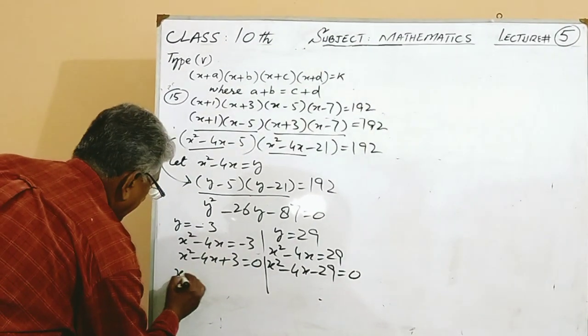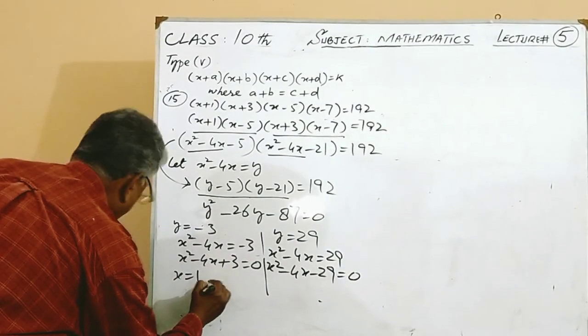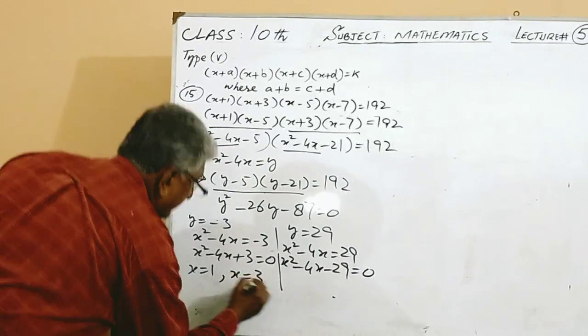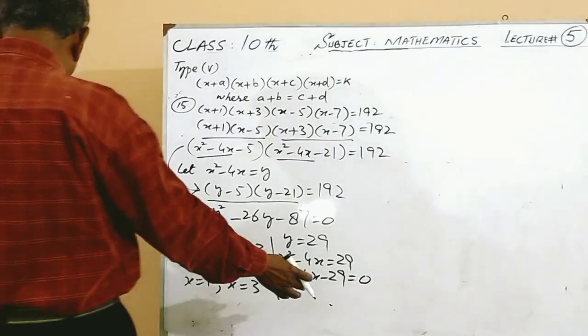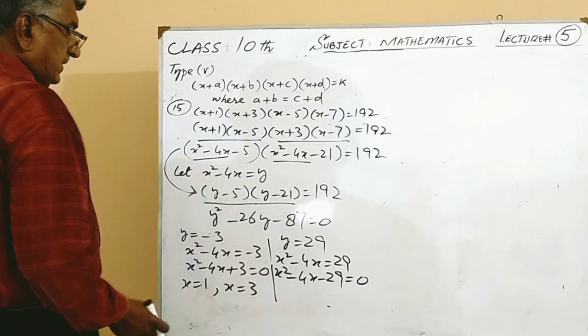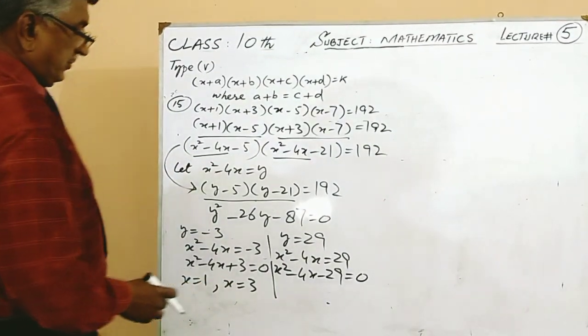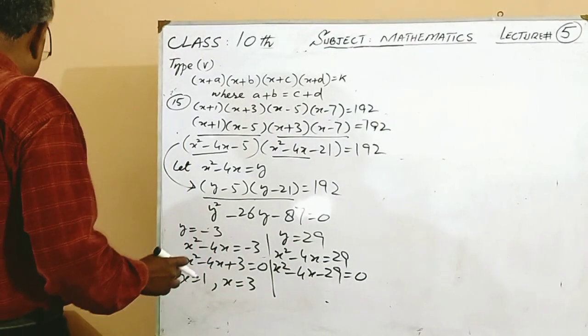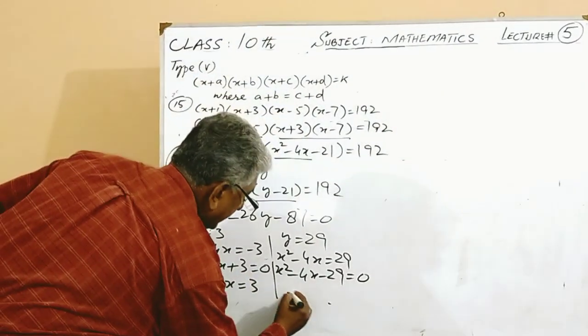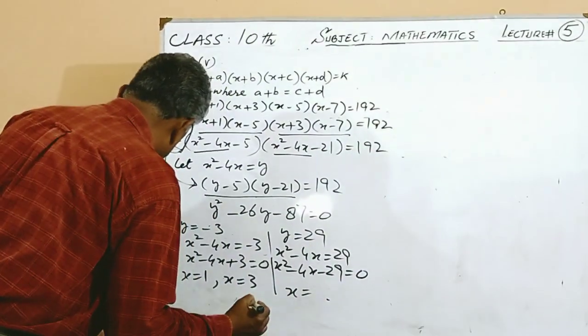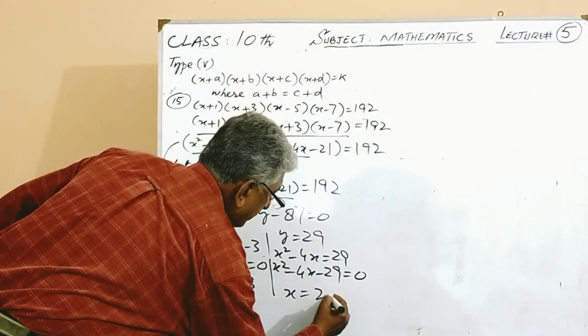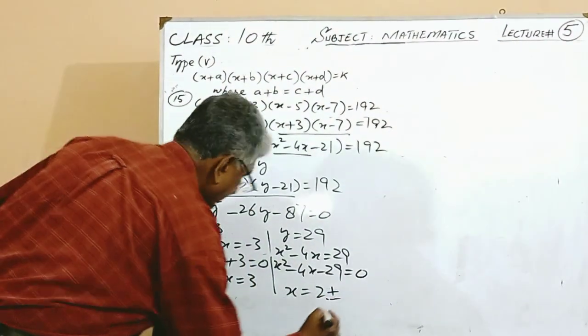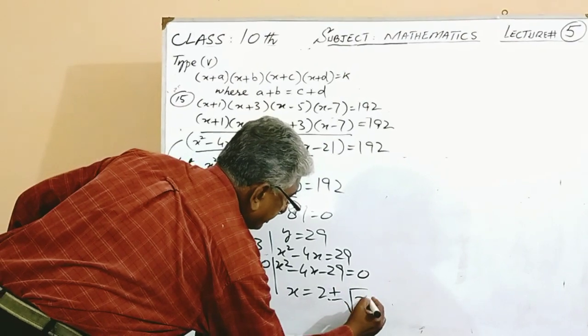One will be x is equal to 1, other will be x is equal to 3. Whereas in this case you have to use the quadratic formula, and after using the quadratic formula you will get again the two values of x. One is 2 plus minus under root 33.